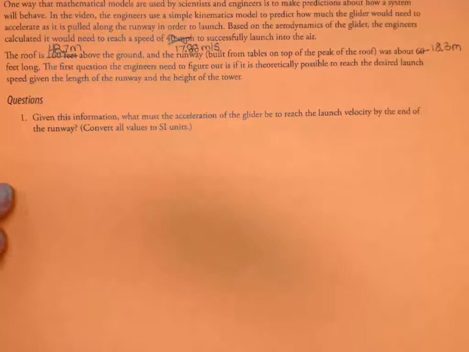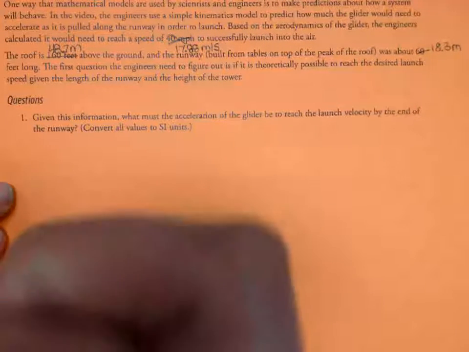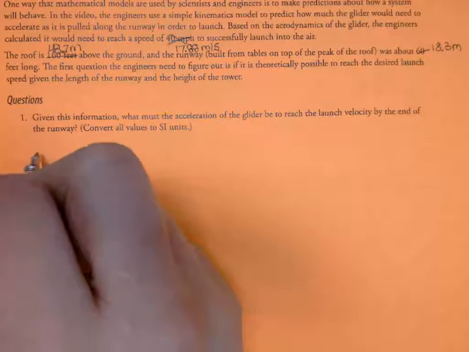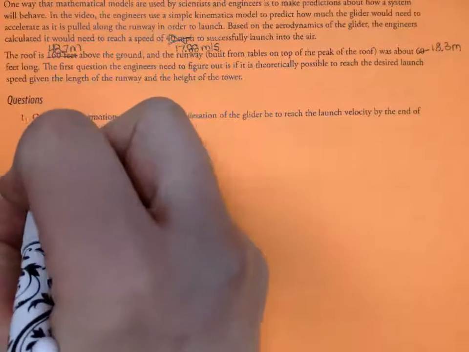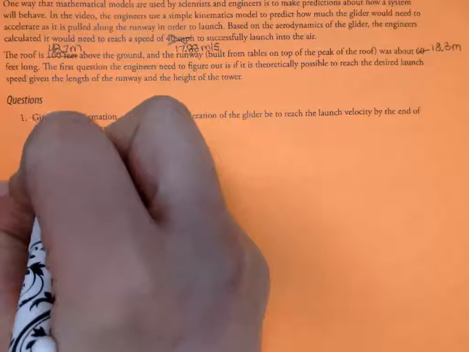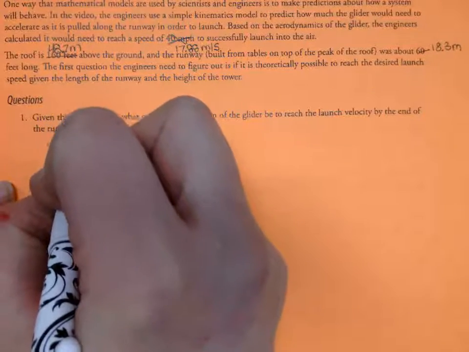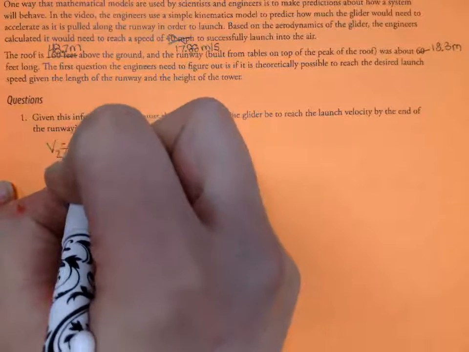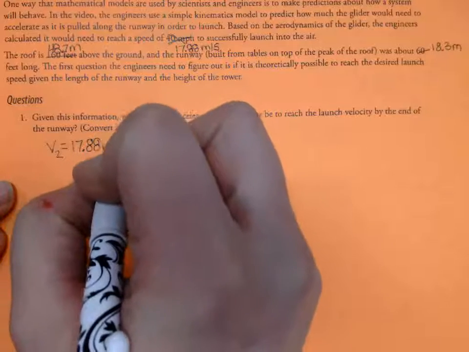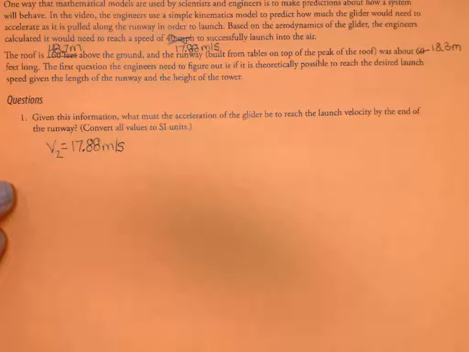So for the first one, we know that the velocity we want to reach by the end of the runway is our final velocity. And it says that velocity is 17.88 meters per second. We start out from stopped.